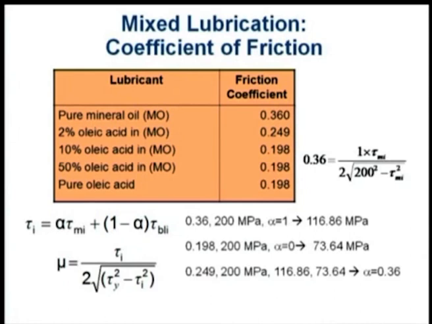This kind of mathematical treatment allows us to optimize how much lubricant additive should be mixed, at 3%, 4%, 5%. It can be iterated accordingly. Of course, this is a very simplified expression. It does not always hold, but it gives a reasonably good idea about the percentage effect of boundary additives on surfaces.